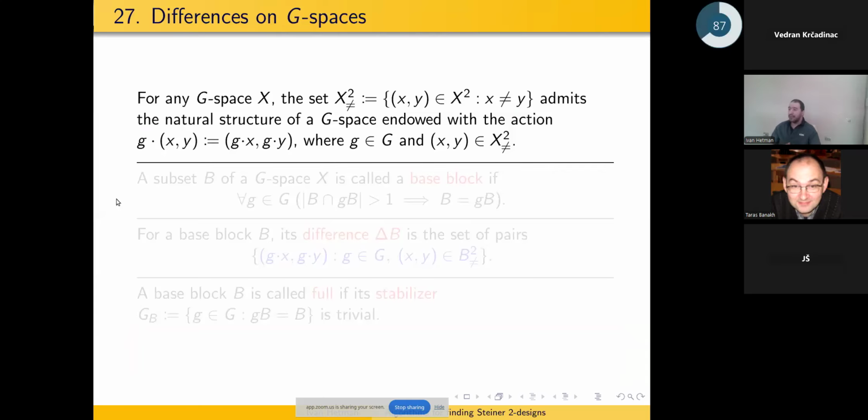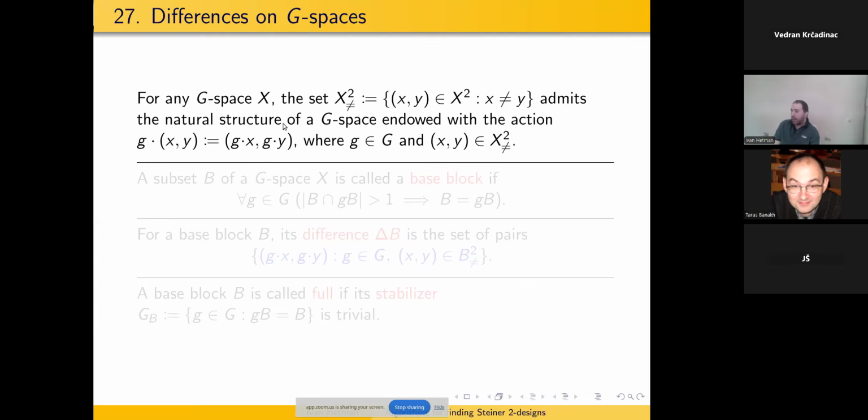Okay, then let's define differences on G spaces. They will be a little bit different from groups, but their properties will be very similar. First of all, let's define the space X squared not equal, which is basically the Cartesian product of X without the diagonal.